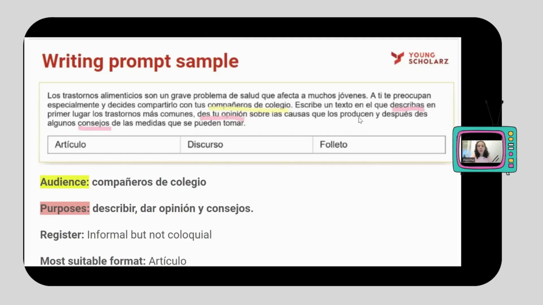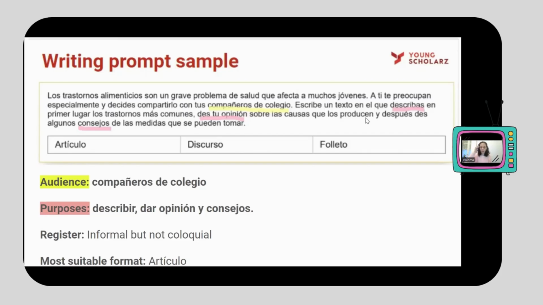Sobre las causas que los producen, y después, after describing and giving your opinion, des algunos consejos. Again, we have a third action we need to complete with our text, which is give advice, dar consejo. So those are our three purposes.